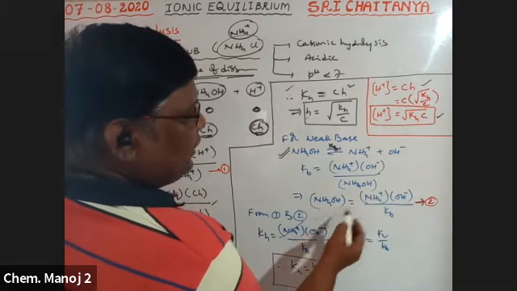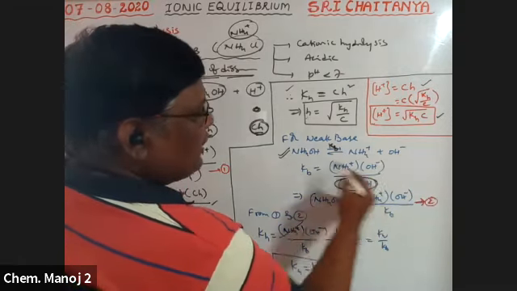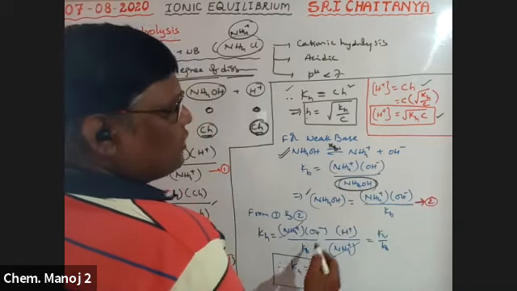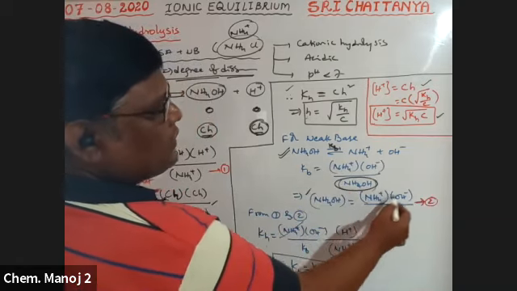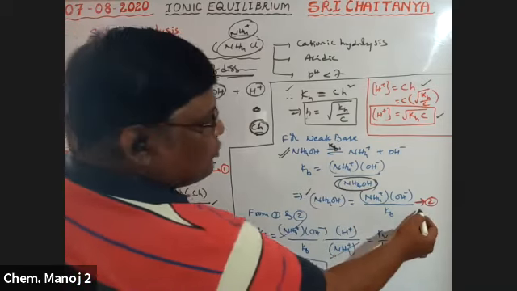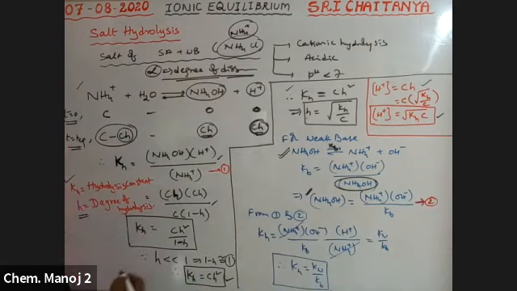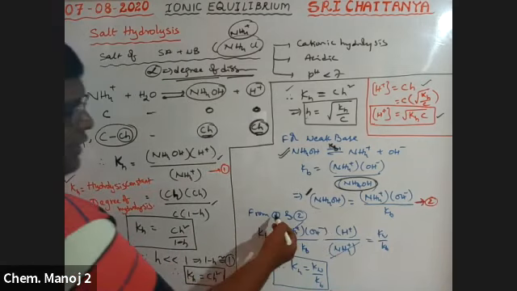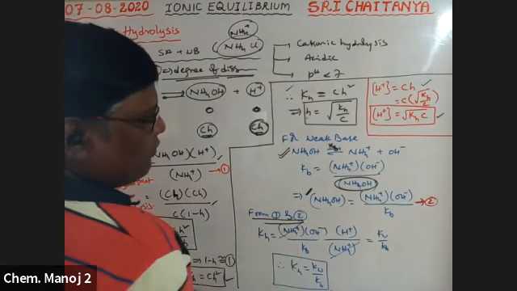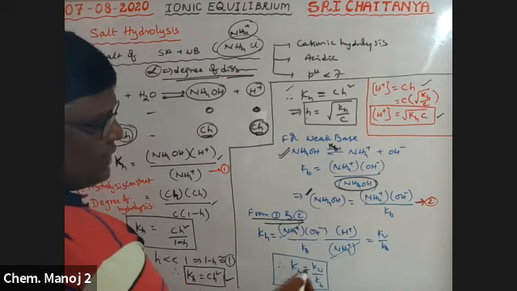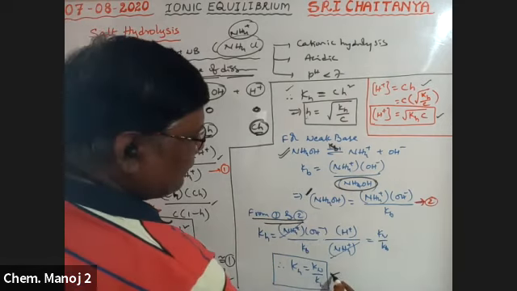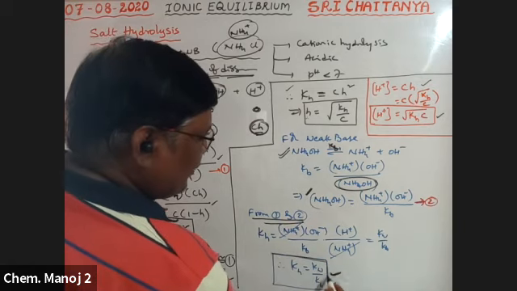Now I am trying to calculate the NH4OH concentration, which is NH4 plus into OH minus by Kb. Substitute this into equation 1. From 1 and 2, we get Kh is equal to Kw by Kb.